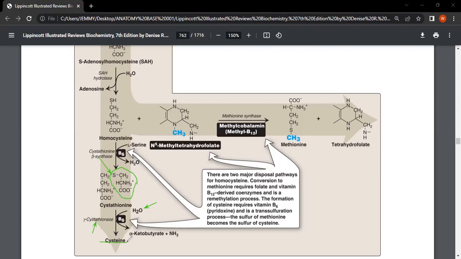Remember, there is cysteine. Then this other one which has remained is your alpha ketobutyrate, and you also release ammonia. Alpha ketobutyrate will go and form your propionyl-CoA. Propionyl-CoA will be converted to succinyl-CoA, but it will first pass through methylmalonyl. So that is the metabolism of homocysteine.